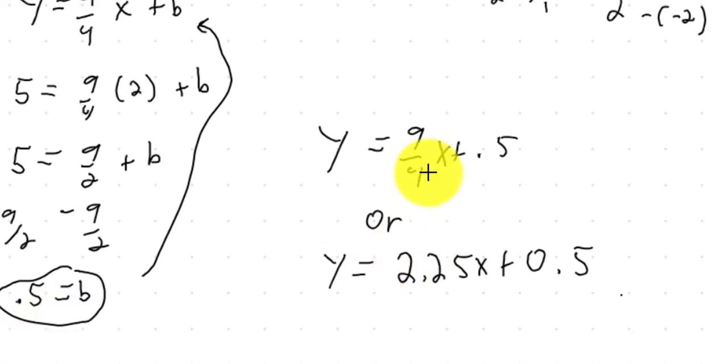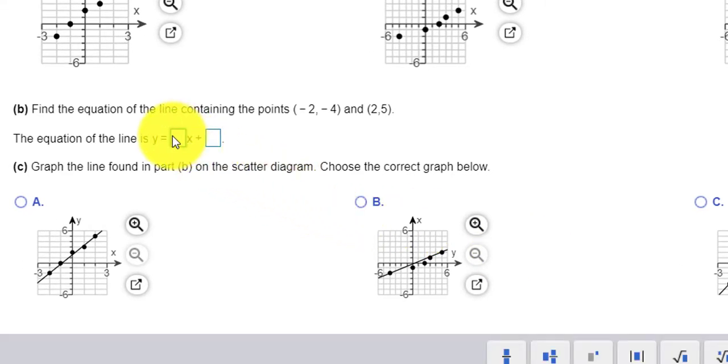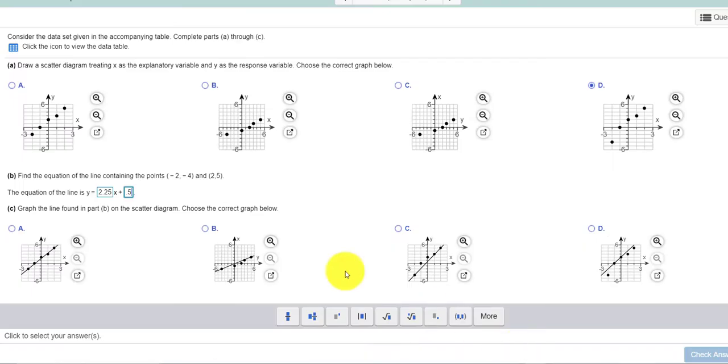So my slope was the 9 over 4, or 2.25x, and then it's plus 0.5. So I'm going to enter that in here, 2.25, and 0.5, and that's the equation of my line. And I just want to make sure I didn't make any errors there. Let's see, 5 minus a minus 4, yeah, that looks good, positive. Yeah, I think we did okay.